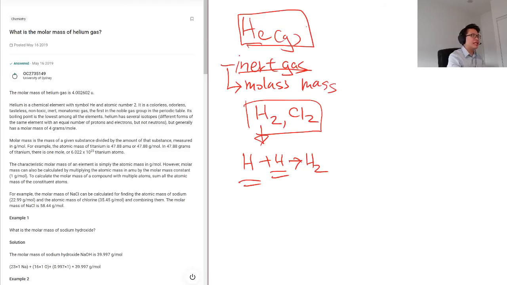So for helium gas, we are looking at individual helium atoms. In a mist of helium, they are individual helium atoms. They are not molecules. So what we want is the molar mass of helium, not of a molecule.